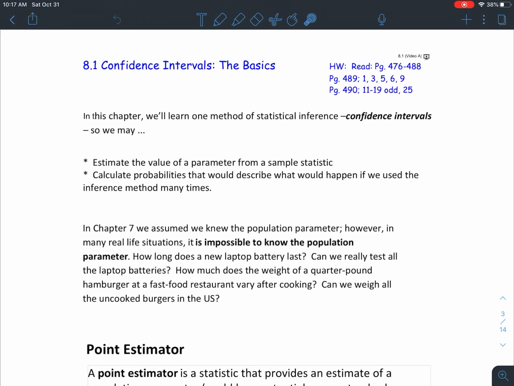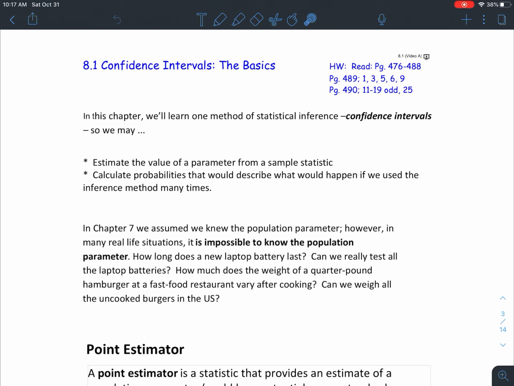If you look back at the chapter that we just finished, in chapter 7, we assumed that we knew the population parameter. However, in a lot of real life situations, it truly is impossible to know what that population parameter is. So the situation that we were setting up in chapter 7 wasn't a very realistic scenario.